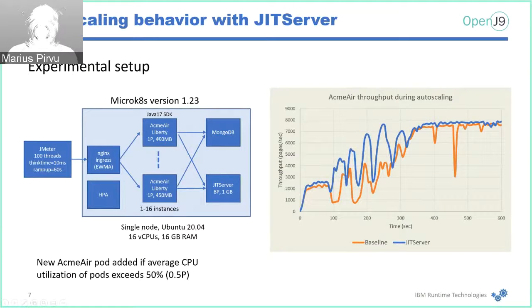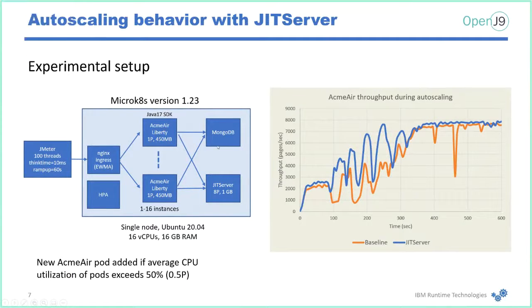Inside, we find from 1 to 16 instances of AcmeAir, the application which runs on top of Open Liberty. And each AcmeAir instance is limited to 1 CPU and 450 megabytes of memory. Actually, when we use JITServer, the memory is limited to 225 because we've seen that JITServer can save you memory.